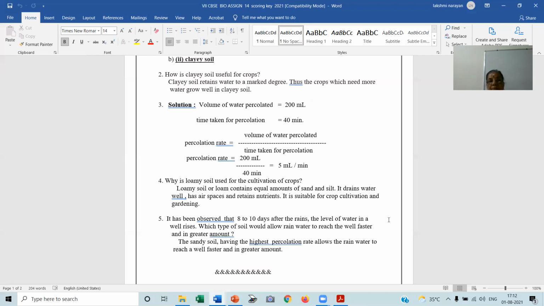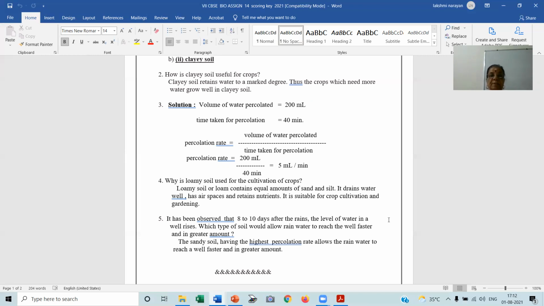It drains water well, has air spaces and retains nutrients. Okay, it is suitable for crop cultivation and gardening. So loamy soil is the best for garden soil.